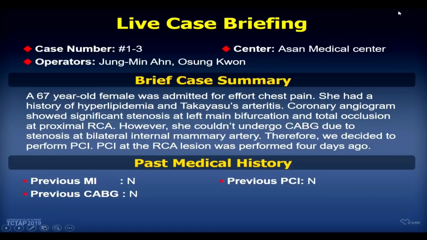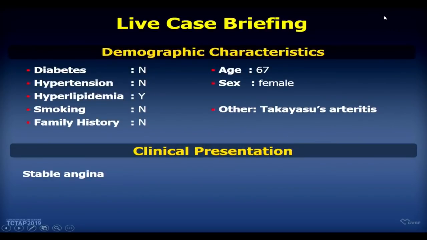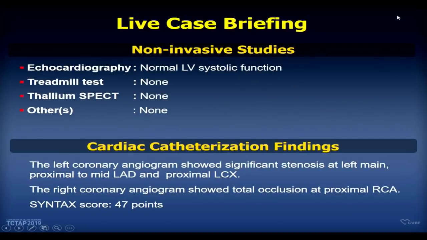She couldn't undergo CABG due to stenosis from bilateral internal mammary artery disease, so we decided to perform PCI. Four days ago, we did the RCA first. The presentation is stable angina. Echo showed normal function.